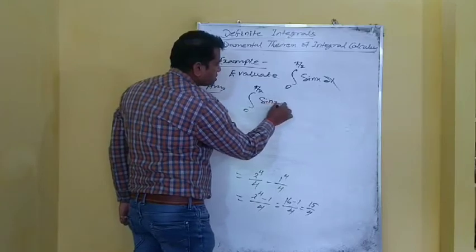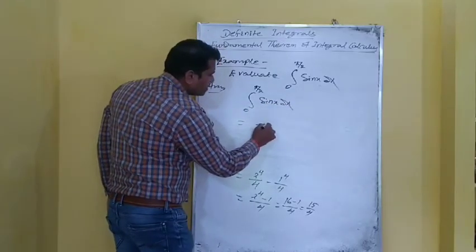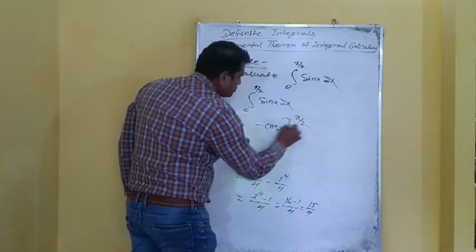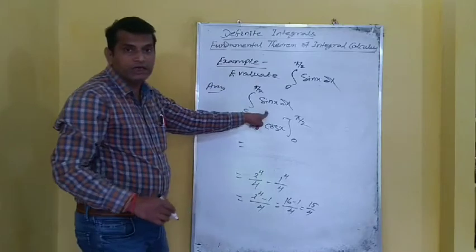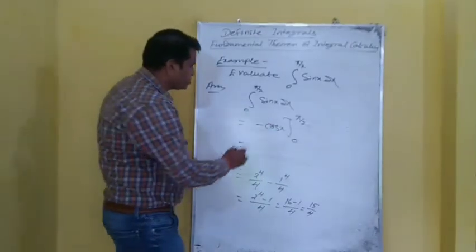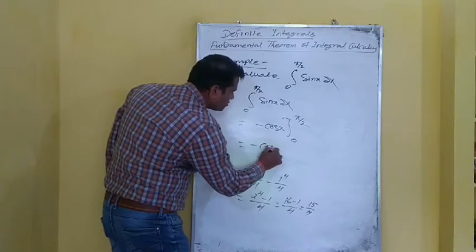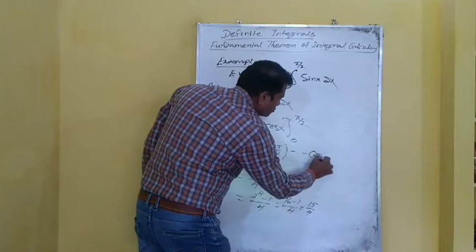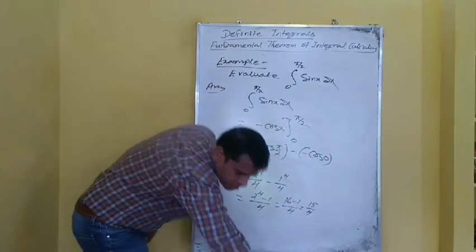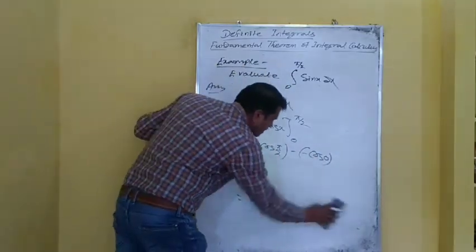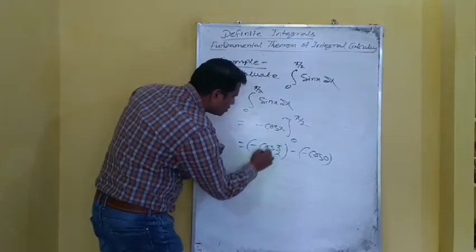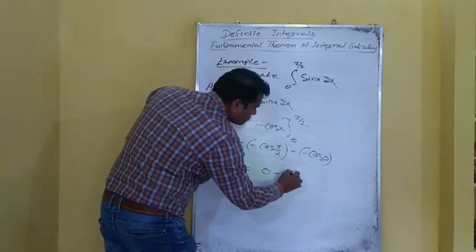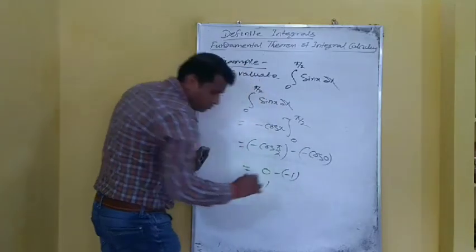We write, you know, the integral of sin x is minus cos x, so we write minus cos pi by 2 minus minus cos 0. That means 0 minus cos 0, 1 minus of 1, that is equal to 1.